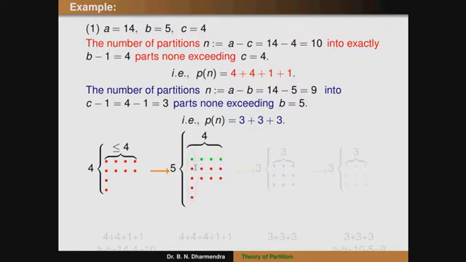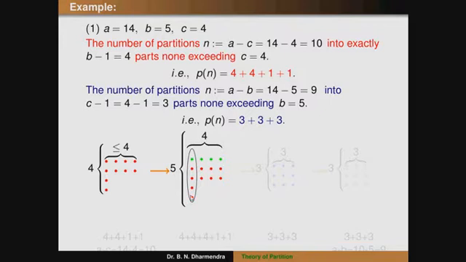So we can observe here the number of rows is 5, that is the b value, and the number of columns is also 4, that is the c value. Okay, so next we have to delete the first column.